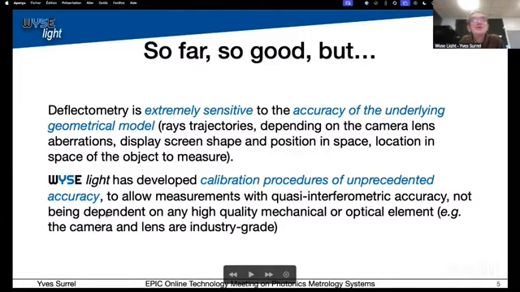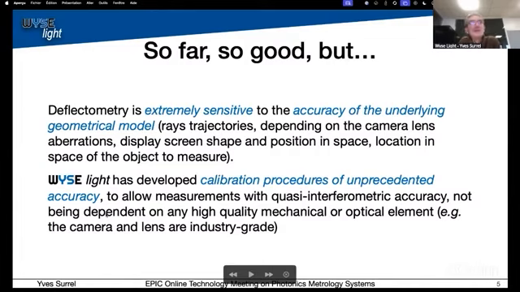It's based on ray optics, so it's a geometric measurement, and it is extremely sensitive to the accuracy of the underlying geometrical model, namely the ray trajectories that depend on the camera lens aberrations, the display screen shape and location in space, and also the location in space of the object to measure. And when I say extremely sensitive, it is really extremely sensitive. You cannot achieve anything if your model has not been properly identified.